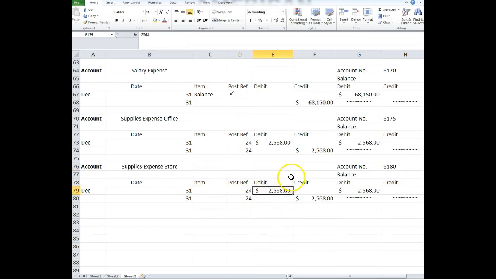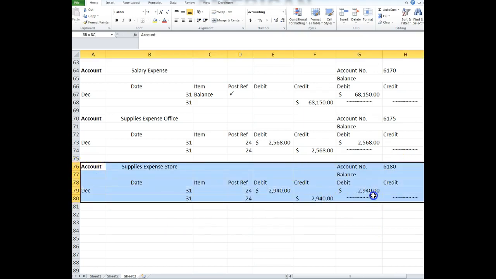That is $2,940. And then our last one is utilities expense.